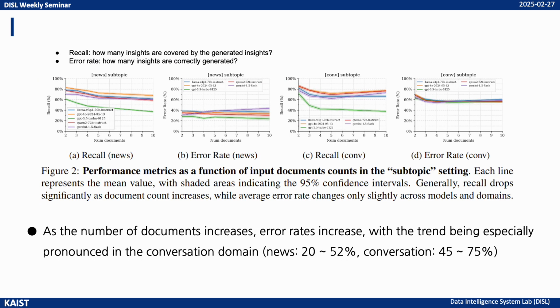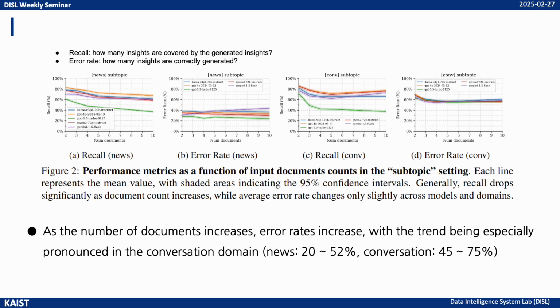They also conducted experiments comparing the summarization performance based on the number of documents. And the research shows that as the number of documents increases, the error rate increases, with the trend being especially pronounced in the conversation domain.